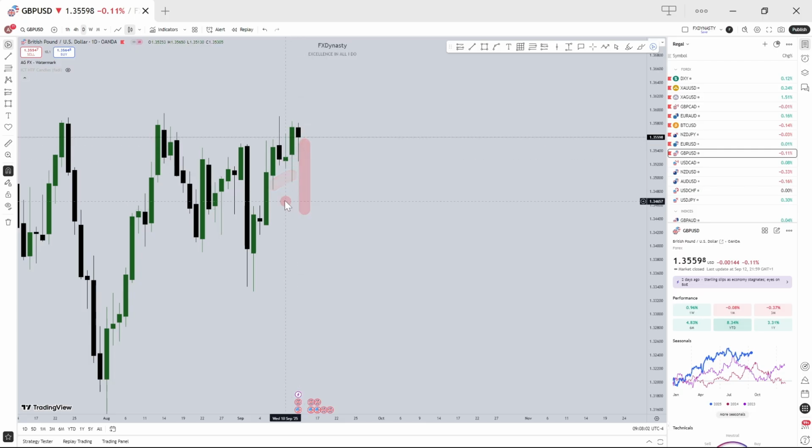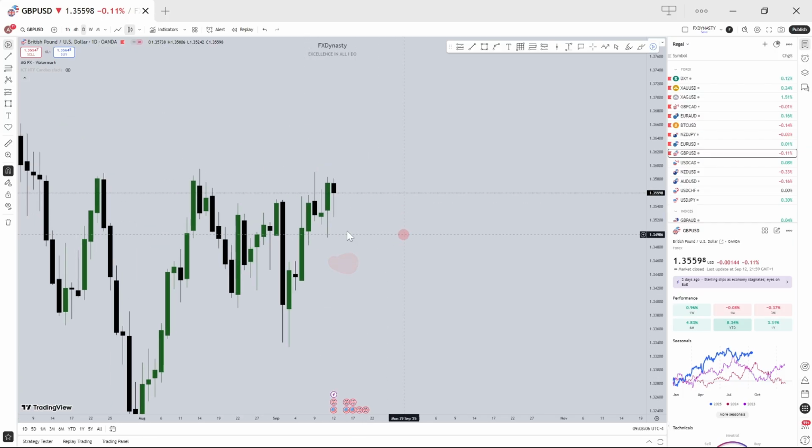GBPUSD might not retrace back into this fair value gap. So after I saw this failure to trade back into this fair value gap and the creation of this swing low as against what EURUSD did, I knew that SMT is in play. I quickly went down to the 4-hour time frame.